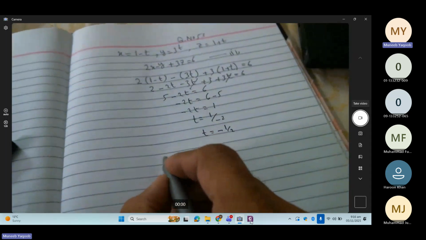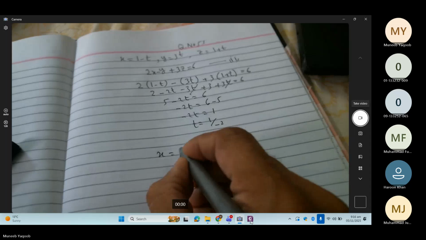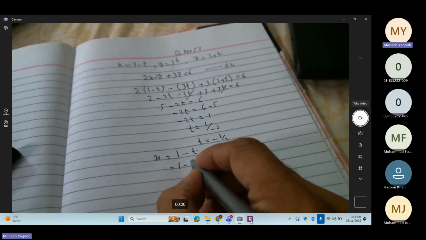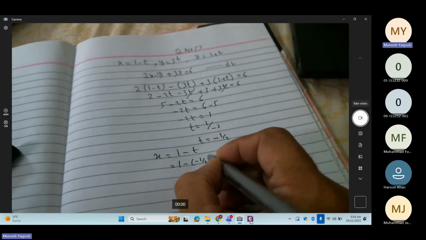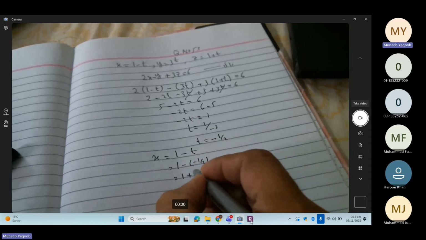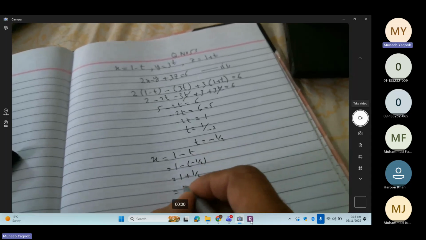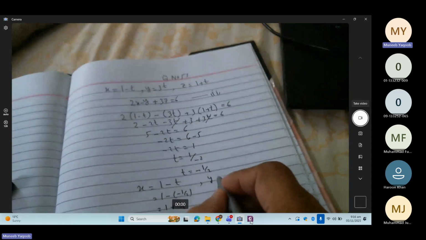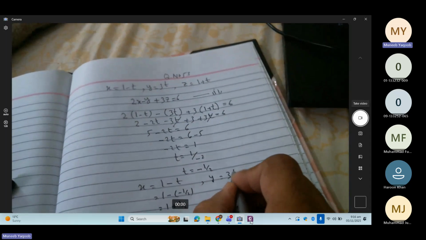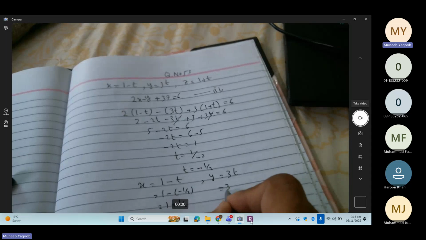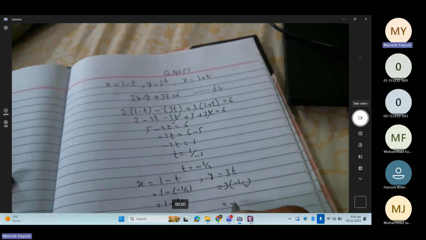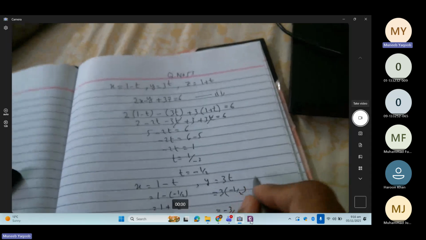So our x is 1 minus t, which is 1 minus minus 1 by 2, so 1 plus 1 by 2, which is 3 by 2. Similarly, our y is 3 times the parameter t, so 3 times minus 1 by 2, which is minus 3 by 2.